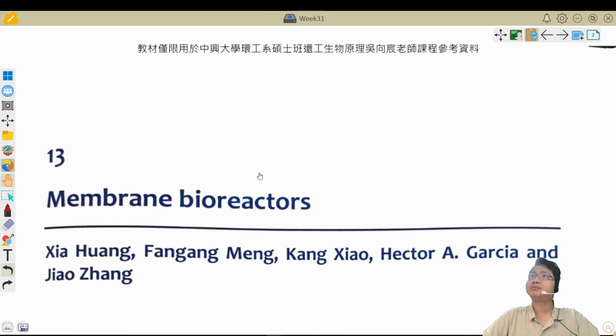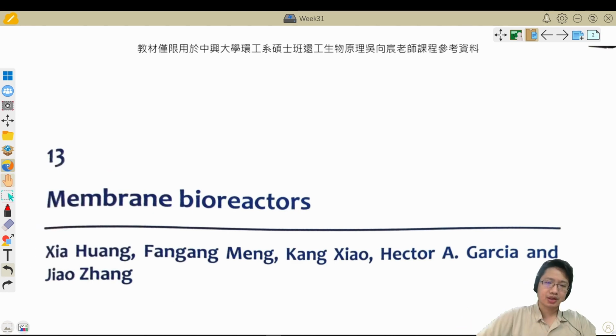After our discussions about the aerobic suspended systems, we're going to talk about membrane bioreactors. The membrane bioreactor is actually the advanced version of the activated sludge system.